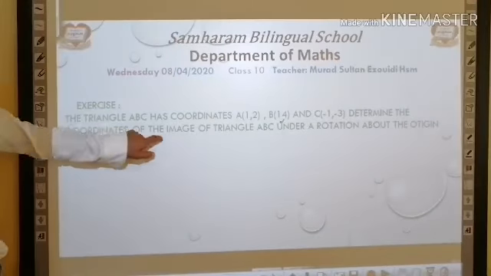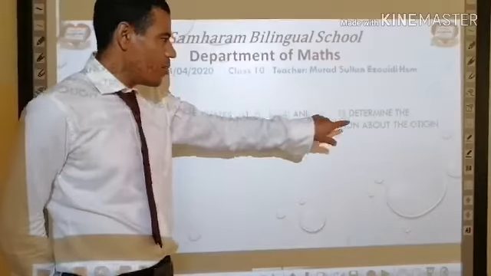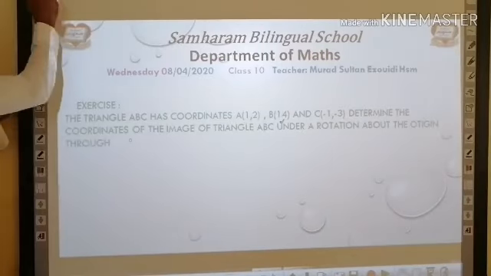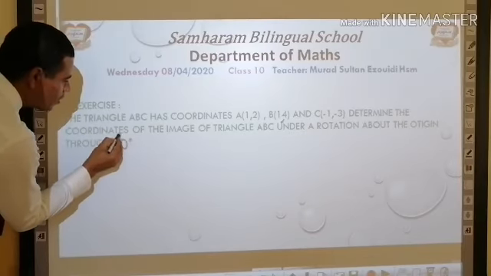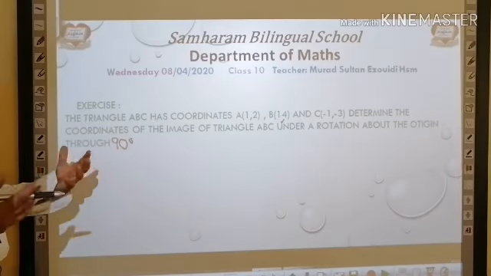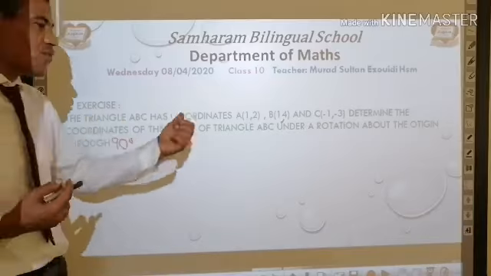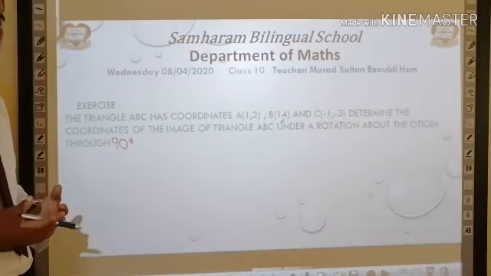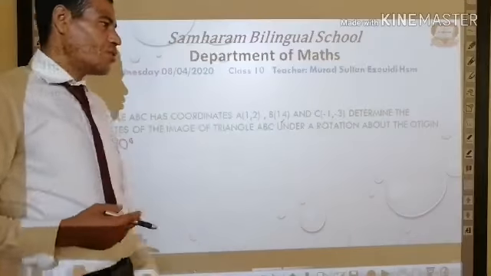Determine the coordinates of the image of the triangle A, B, C in the rotation about the origin through 90 degrees. Okay? So first of all, before guessing exactly the coordinates of their image, we should write our matrix of transformation, the matrix that transforms this point to its image.